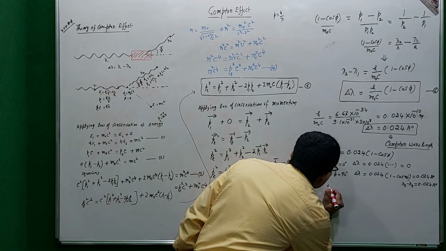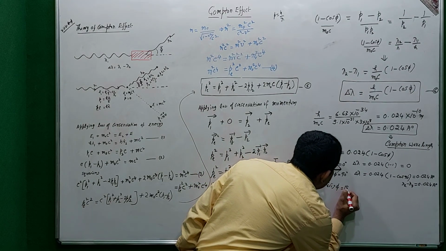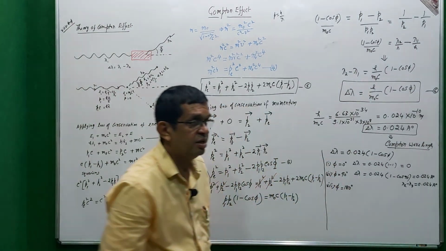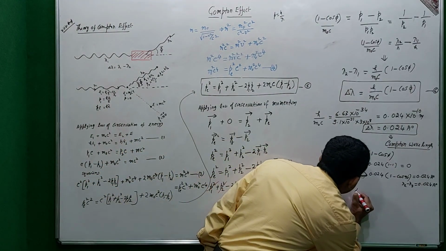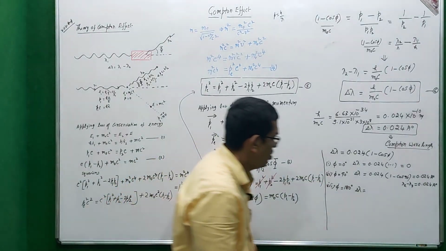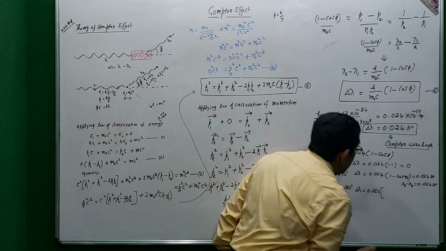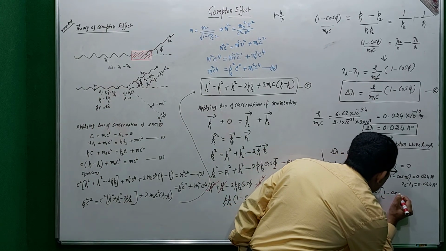Let us assume the third case, where the maximum angle of scattering, naturally, is 180 degree. If you take phi equal to 180 degree, then what is the value of delta lambda? Delta lambda is equal to 0.024 into 1 minus cos 180 degree.